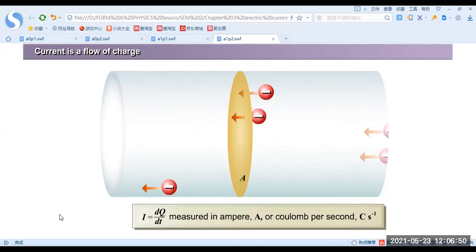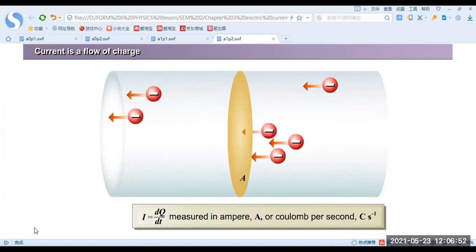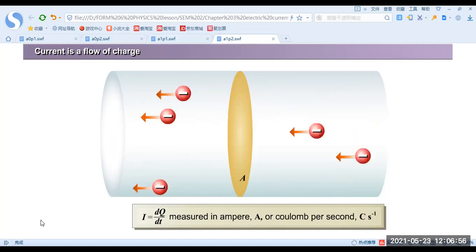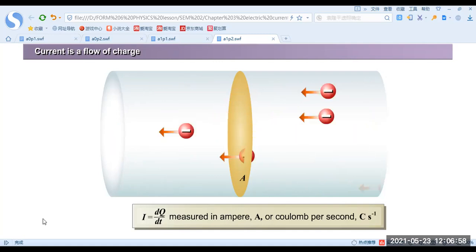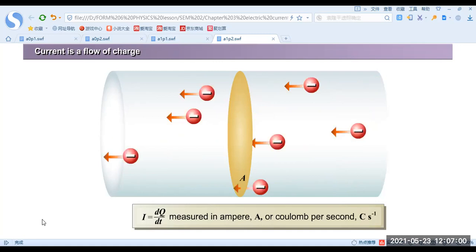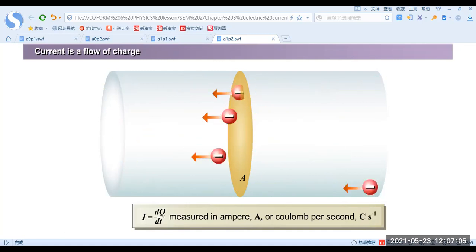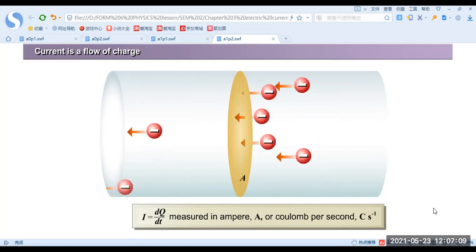So current I is equal to dq over dt. The SI unit is coulomb per second, where the special unit is ampere.